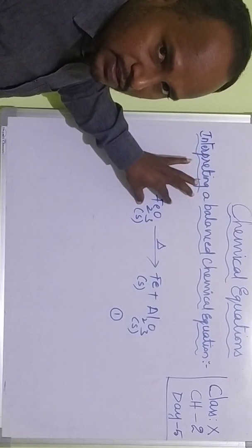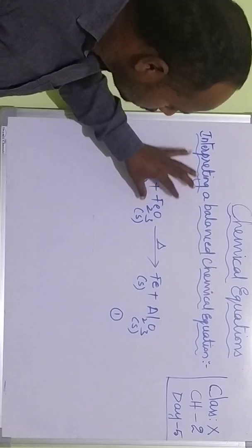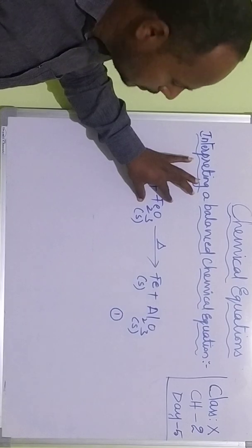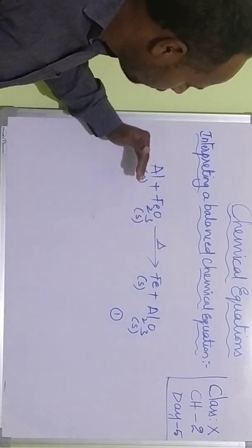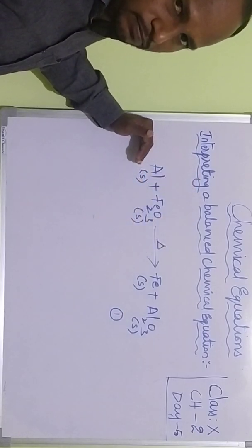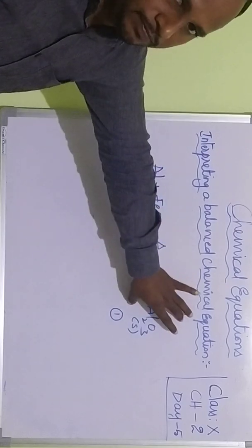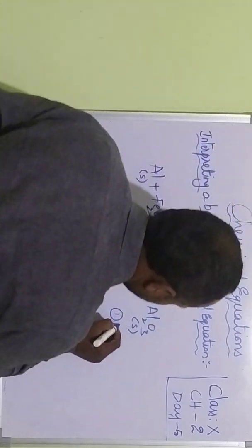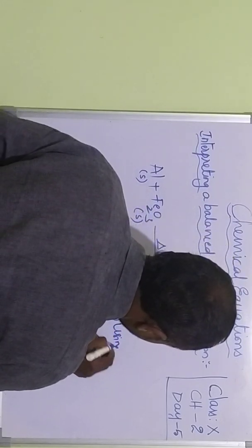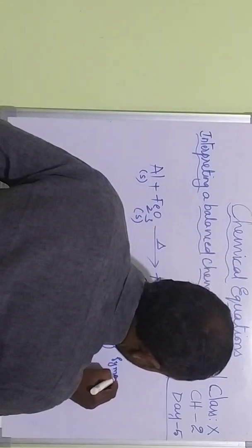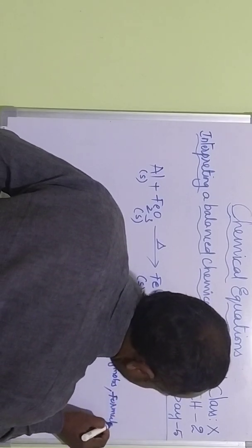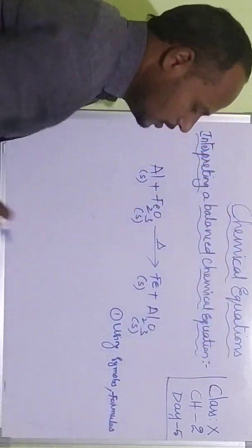Molecules are present in this, so using their symbols and molecules, we can find out the composition of the reactants and products. So that is one point: using symbols and formulas, we can identify the reaction.